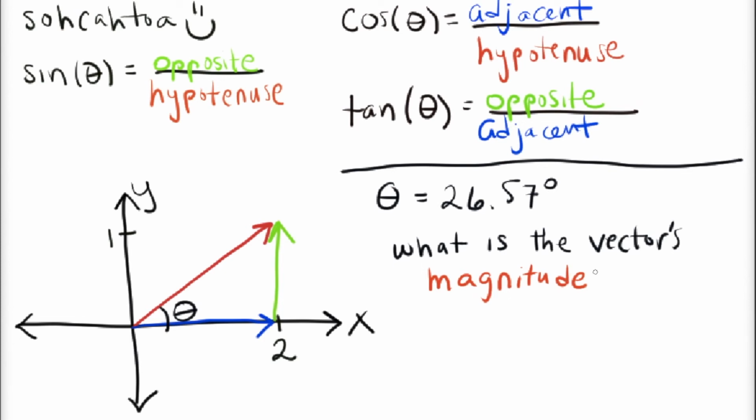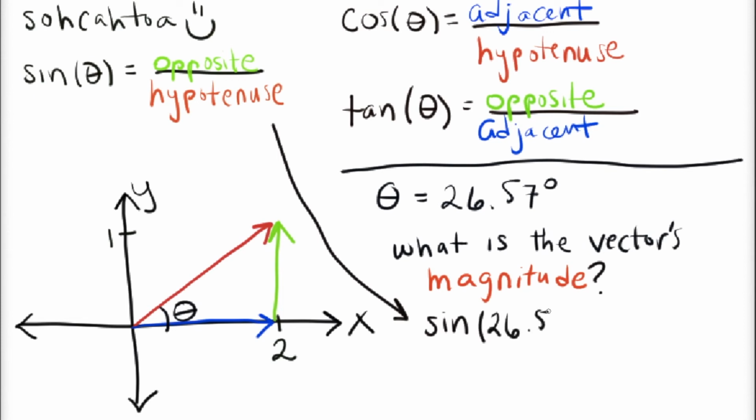We've already used tangent to solve for our direction. Now we are going to use our sine function to solve for the magnitude, which is the hypotenuse. We're going to write down sine of theta, which we've already solved for. We know that theta is equal to 26.57 degrees.